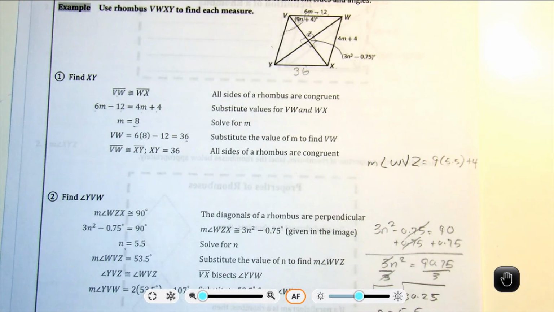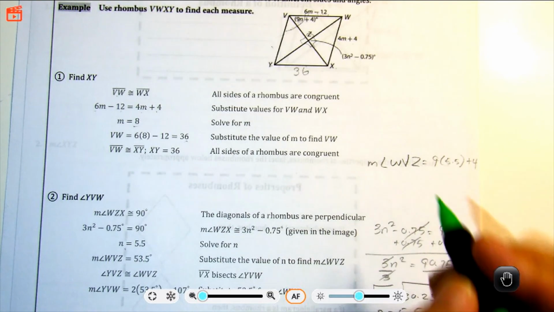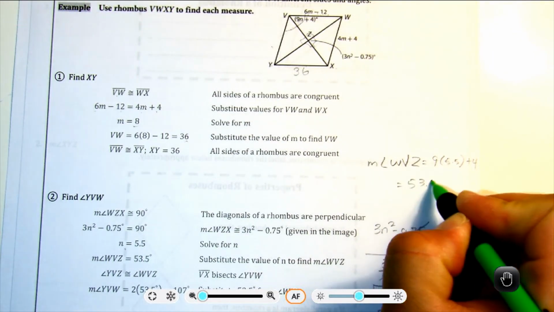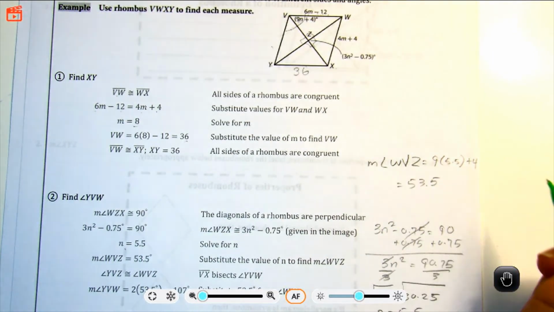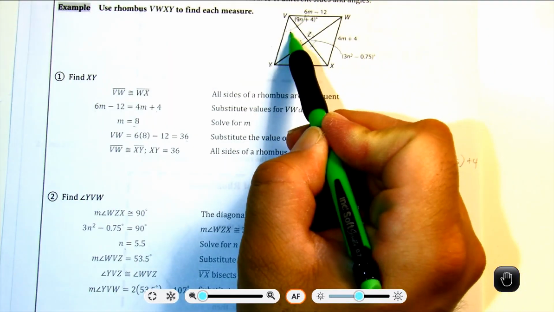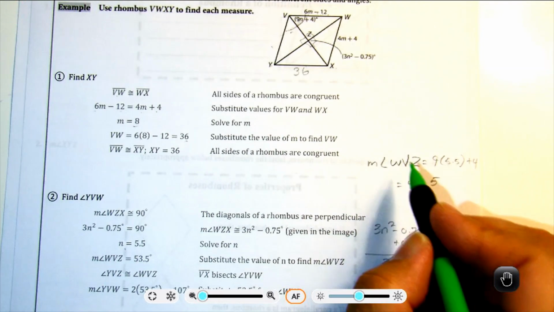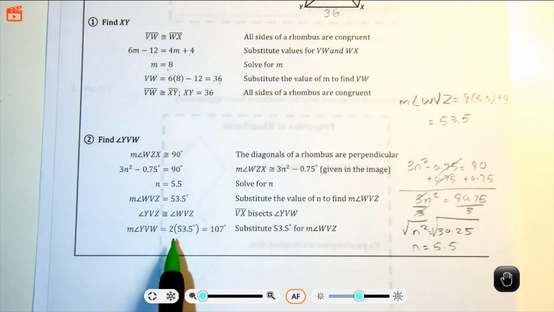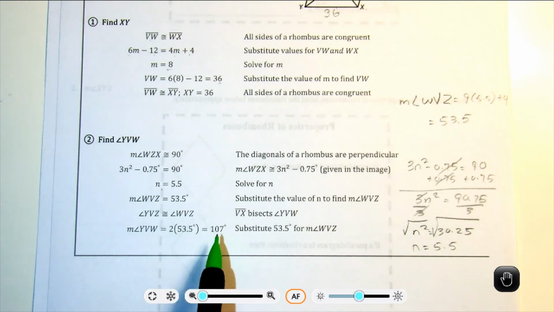Which gives us 53.5. So if this angle is 53.5, then this is also 53.5. And what they did was they doubled, or they multiplied by 2, and they got 107 degrees. So this combined angle is 107 degrees.